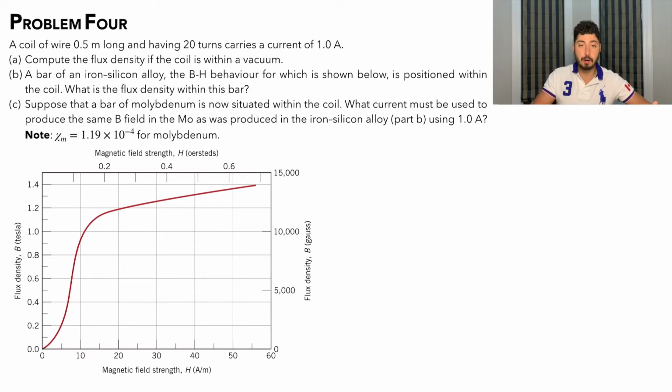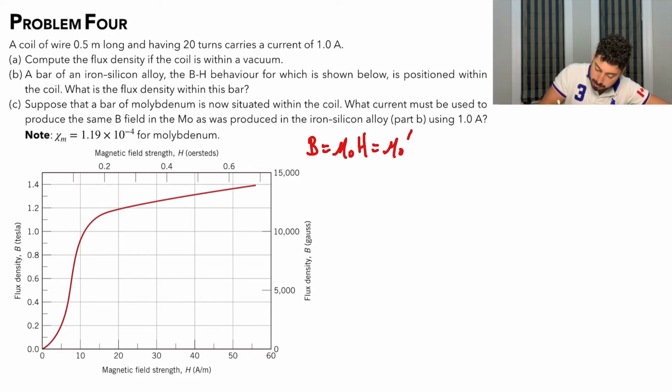So let's begin with part A. Part A wants us to calculate the flux density within the coil if it's situated in a vacuum. So this is similar to what we did in the first problem, where we can say that the flux density is equal to mu naught, which is the permeability in a vacuum, times H, which is our magnetic field strength. So we don't have a magnetic field strength, so we need to substitute for mu naught times our number of turns times our current within the wire divided by our length of the wire.